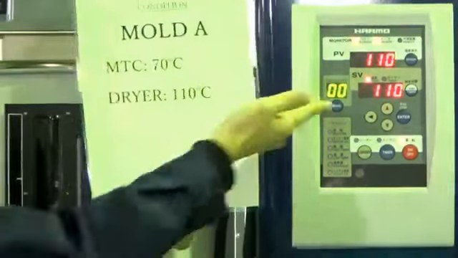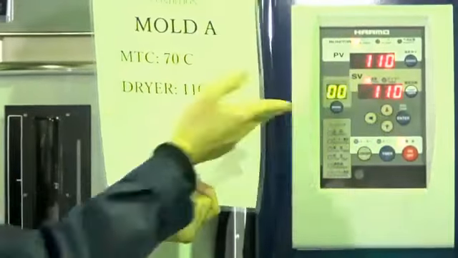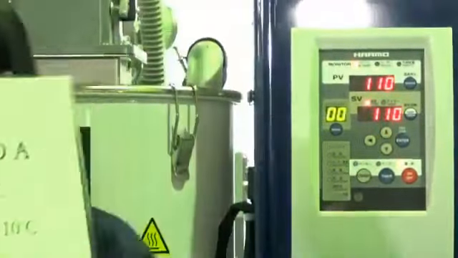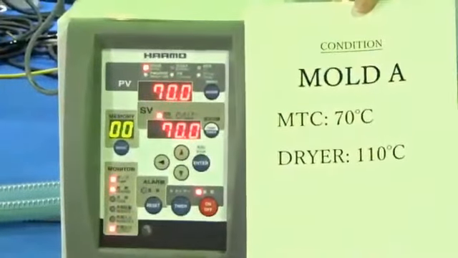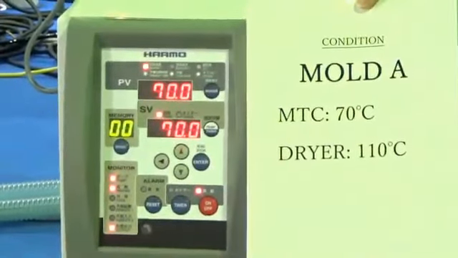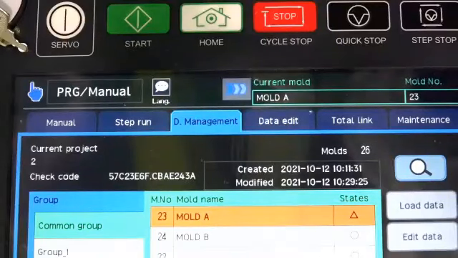Now the dryer is 110, and the mold temperature controller is 70. Now, mold A is selected, and we select mold B in the mold selection page and press load data.